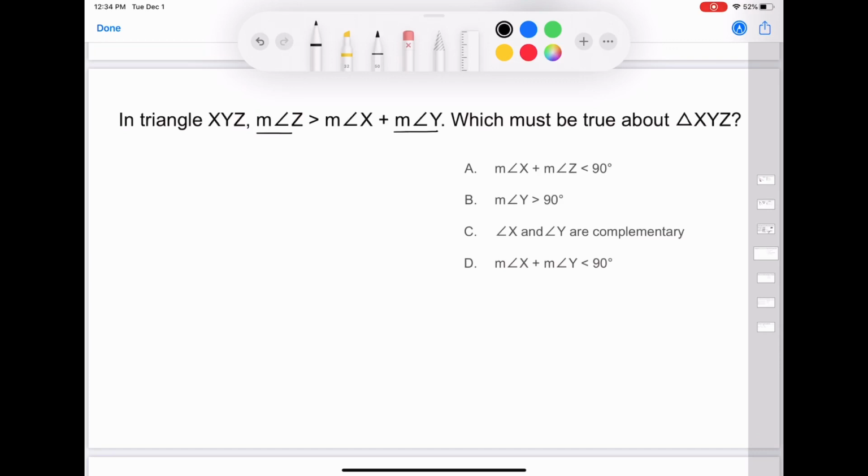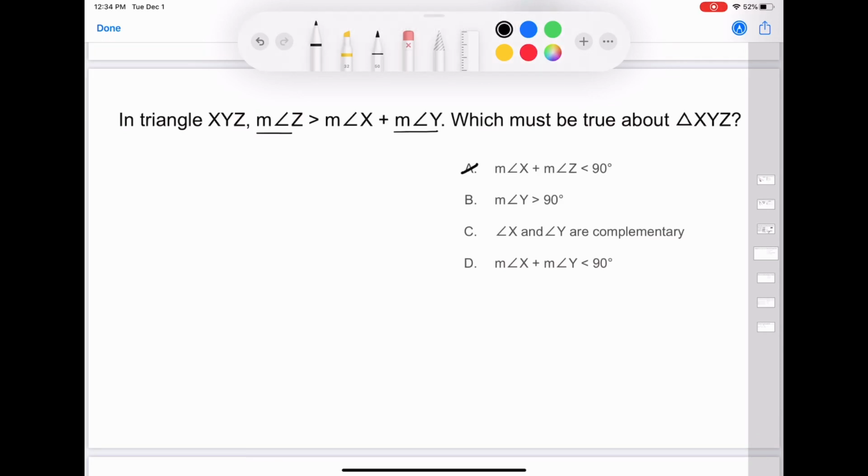Then we couldn't add the measure of angle X plus the measure of angle Y to get the measure of angle Z, because angle Y would be so much bigger than angle Z. We'd get something greater than the measure of angle Z, because in this scenario, angle Y would have to be greater than either of those other measures. So that is not an answer choice.